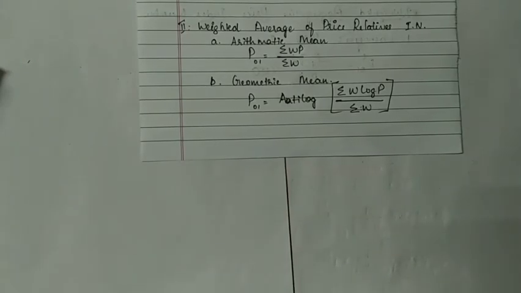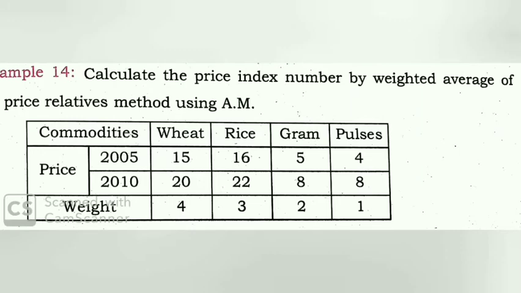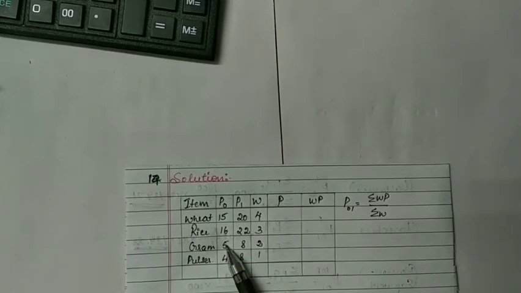Now let us solve one problem on weighted average of price relative index number. Calculate the price index number by weighted average of price relatives method using arithmetic mean. Commodities are wheat, rice, gram and pulses, with prices P0 and P1, and weight is given. We are given P0, that is price of base year, price of current year and weights, and we are asked to calculate arithmetic mean.